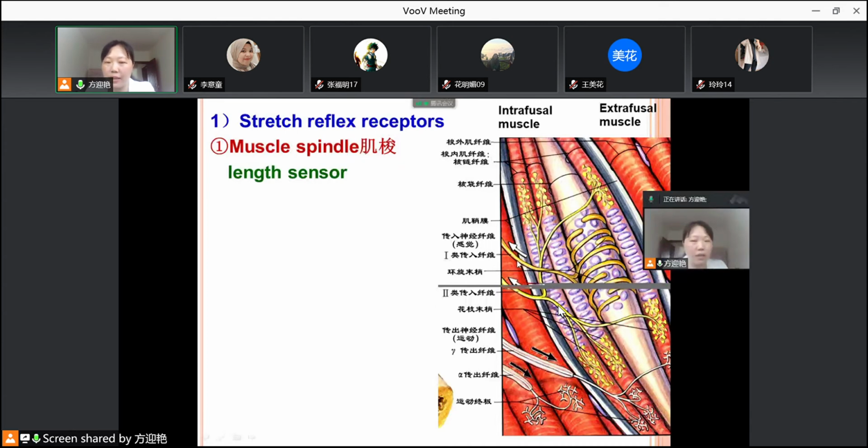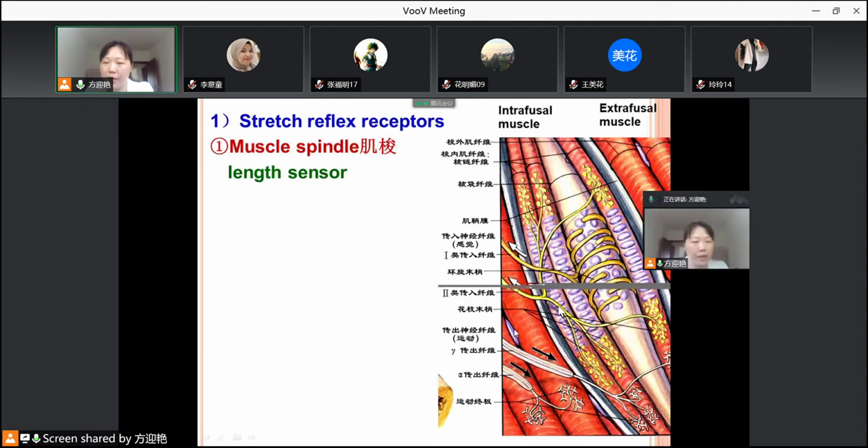We can see here an enlarged view of the muscle spindle. Its Chinese name is the stretch receptor. It is mainly sensitive to the muscle's length change, so we call it a length sensor.